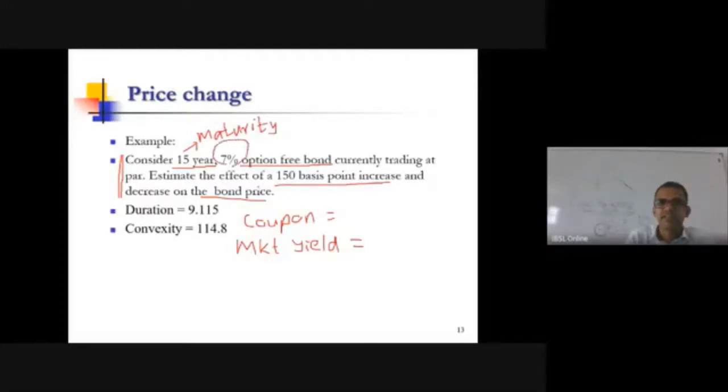What is this 7%? That 7% is the coupon. Then what is the market yield?